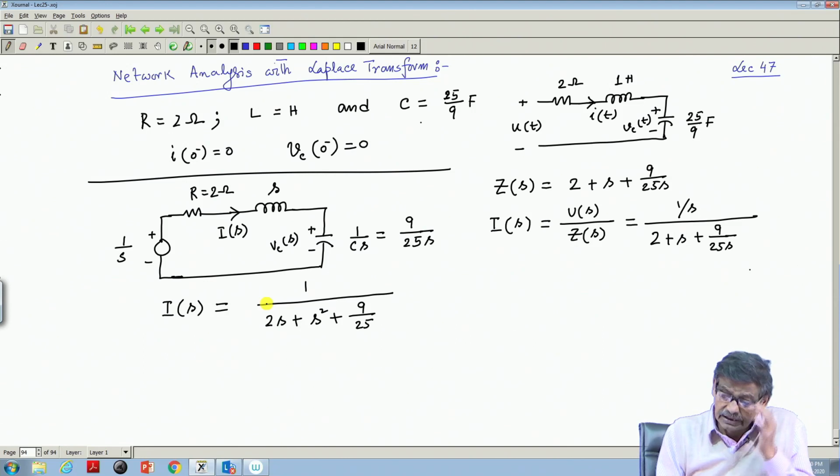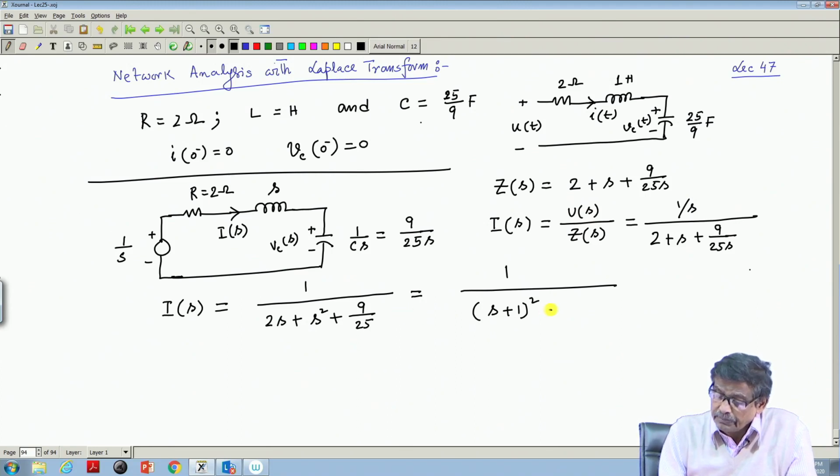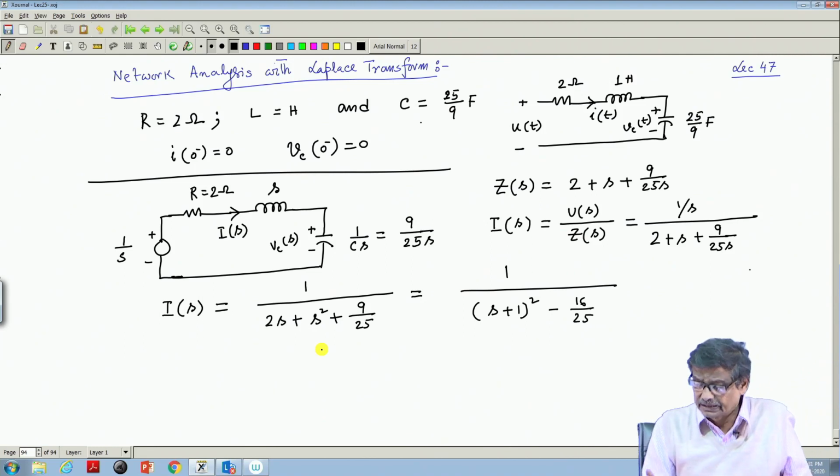So, the general rule is, one thing is clear, as you can see, this can be written as S plus 1 whole square, S square plus 2S plus 1, and subtract another one, so that this will become minus 16 by 25. I think you have got this step: add 1 and subtract 1, so that it becomes a perfect square, because it is so easy to identify that.